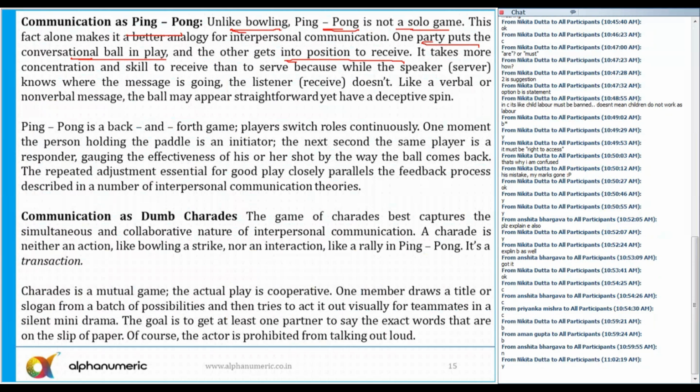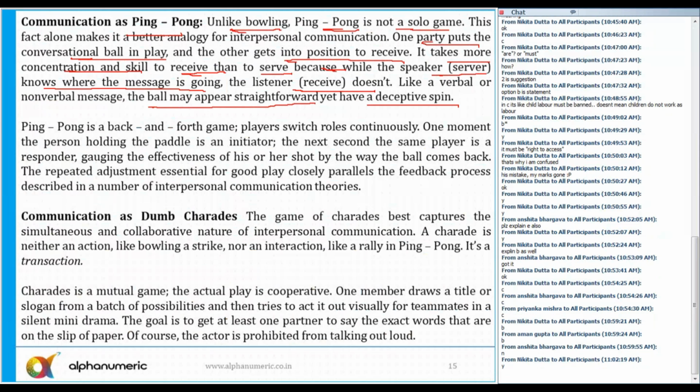Now, it takes more concentration and skill to receive than to serve, because while the speaker knows where the message is going, the listener does not. So the ball may appear straightforward, yet it can have a deceptive spin. It is the receiver who has to give more concentration.